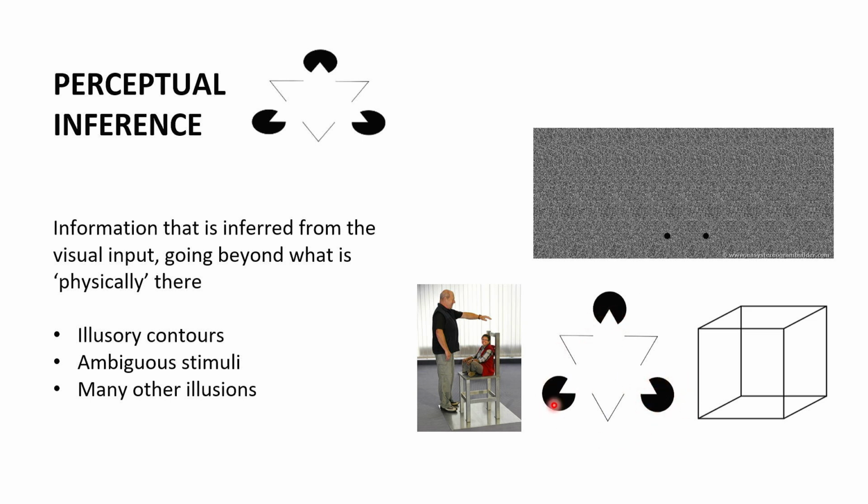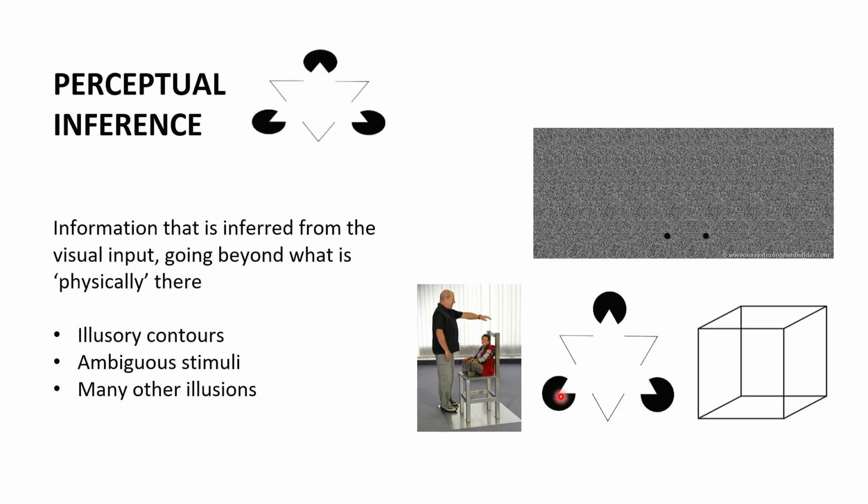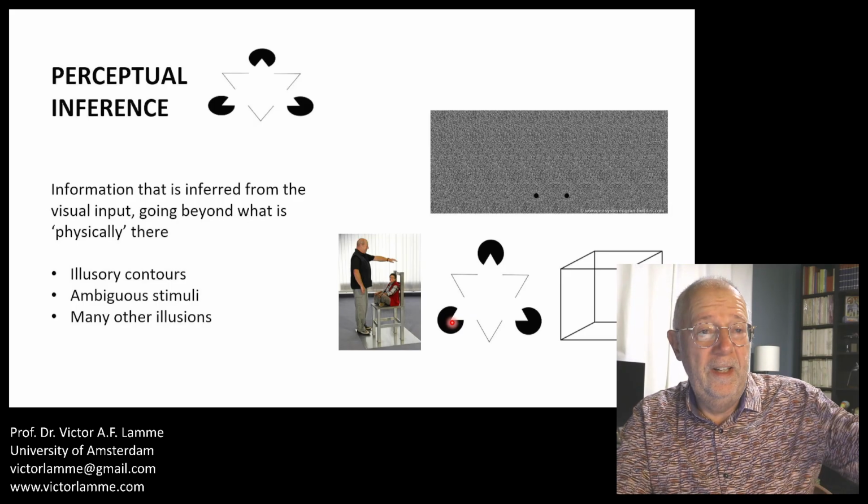Well, in fact, it's just three Pac-Man shapes looking at each other. And you even infer that this region of space has a bit more brightness than the background. Of course, you see these illusory contours. It's actually very difficult not to see a line going there, which is of course not there. So these two sides of the same coin, perceptual interference and perceptual inference, really tell you how at some point in the visual system things go beyond what's physically out there.